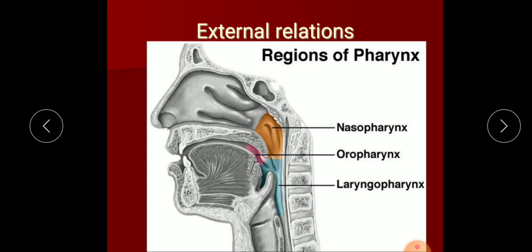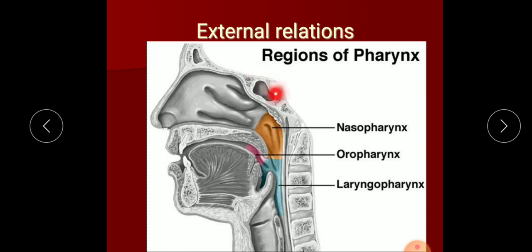Shall we look at the external relations? This is the region termed the roof of the pharynx. The roof is formed by the body of the sphenoid plus the basilar part of the occipital bone.